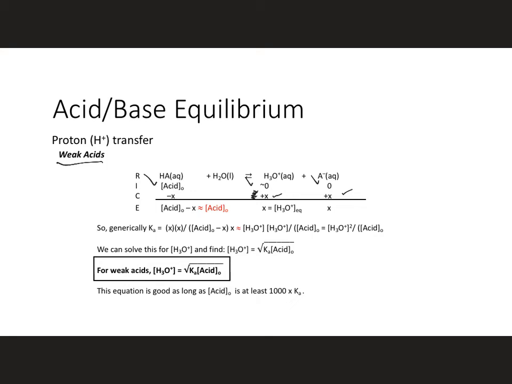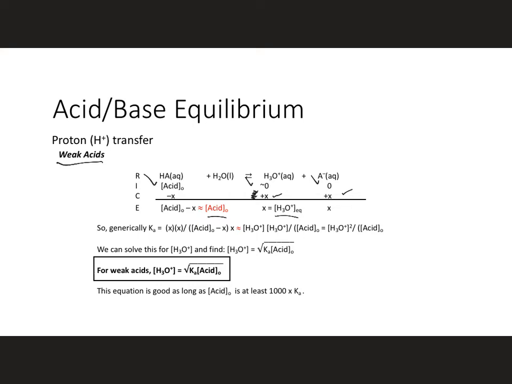So this becomes, doing our column math, acid minus X, and we'll just call that acid. 0 plus X is X. That's my equilibrium concentration of hydronium, and 0 plus X is X there.